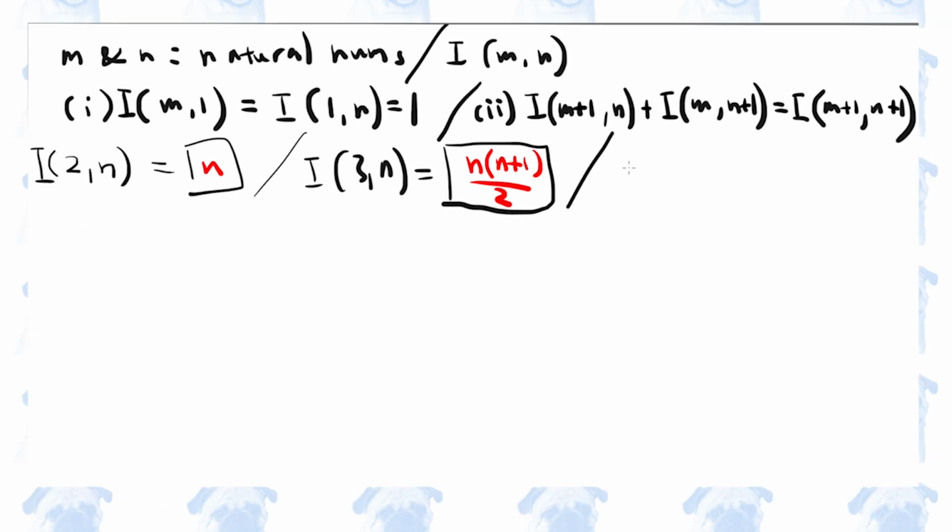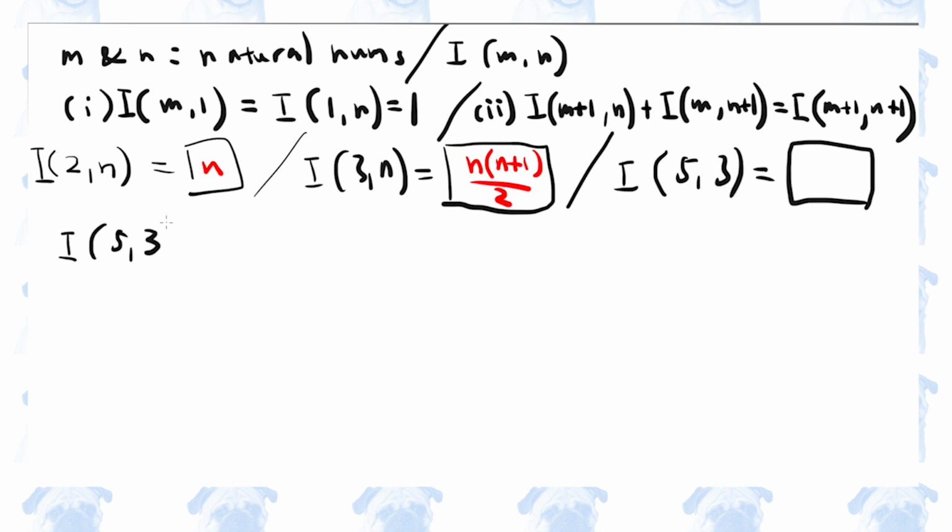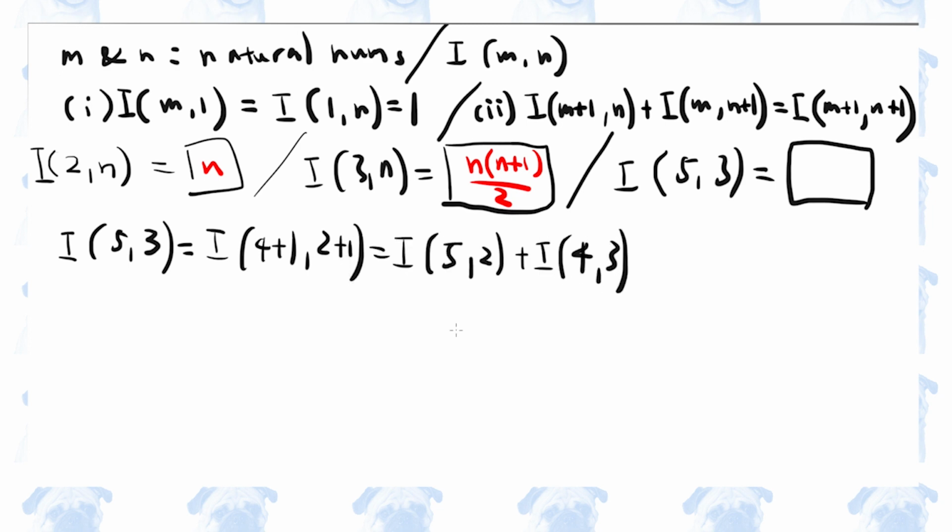And in question 2, we need to find the value of I of 5, 3. I of 5, 3 is I of 4 plus 1, 2 plus 1. So we need to figure out what these two terms evaluate to.